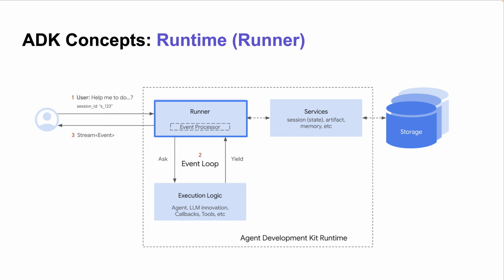The runner receives the event, processes any associated actions like saving state changes via services, and forwards the event onwards to the user interface, for example. Only after the runner has processed the event does the agent's logic resume from where it paused, now potentially seeing the effects of the changes committed by the runner.